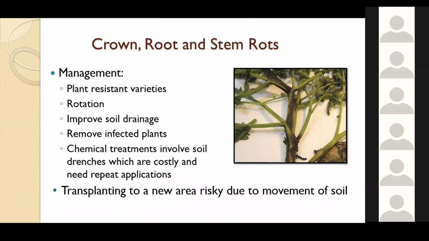As far as management of these diseases, first and foremost, plant resistant varieties if you can. A lot of the varieties that we have out there will be more or less susceptible to the different crown and stem rots. Also, crop rotation or plant rotation plays a really big role in managing some of these rots of the lower plant.